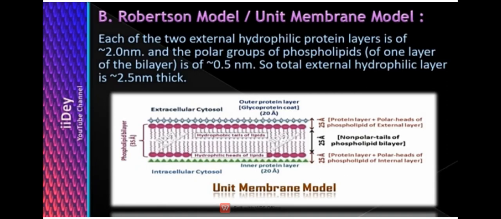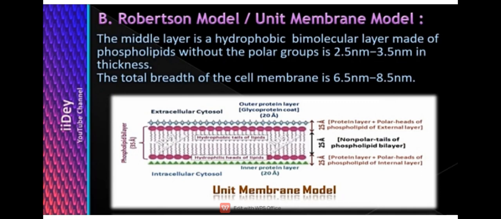So the total external hydrophilic layer is about 2.5 nm thick. The middle layer is a hydrophobic bimolecular layer made of phospholipids without the polar groups, 2.5 nm to 3.5 nm in thickness. The total breadth of the cell membrane is 6.5 nm to 8.5 nm.